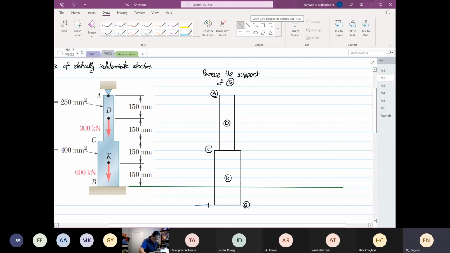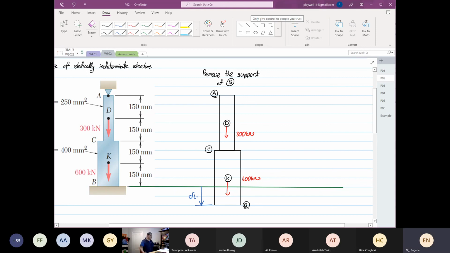Let me put in the loads also. The extension is due to the loads, the load of 300 kilonewton and the load of 600 kilonewton. So you will have an extension from the original position, and this extension that we have to calculate is our delta L.